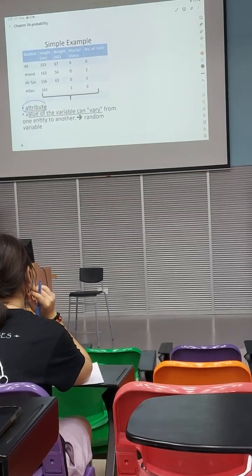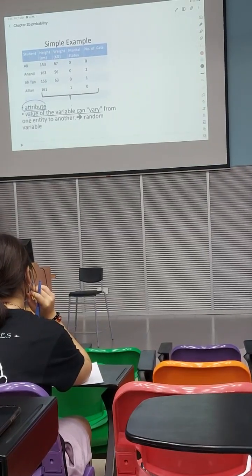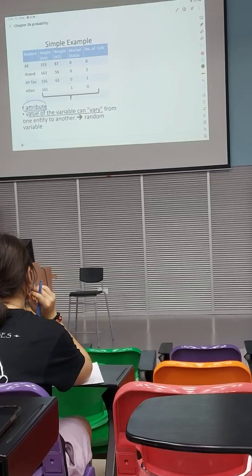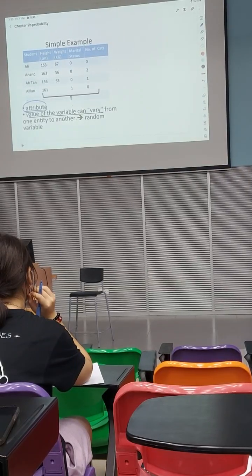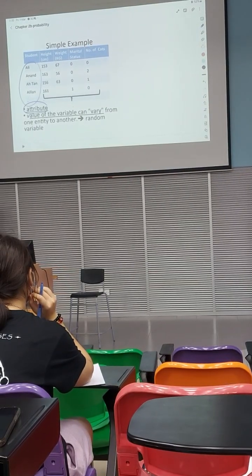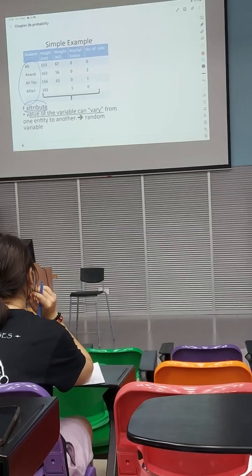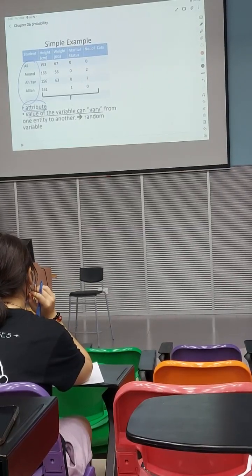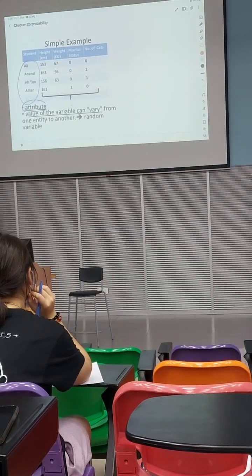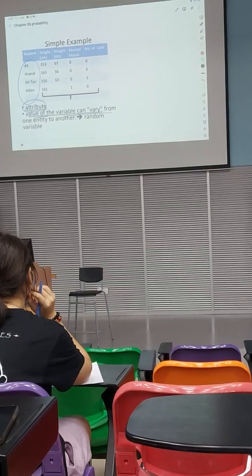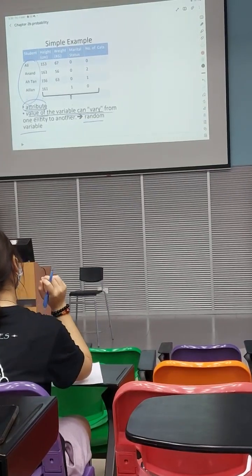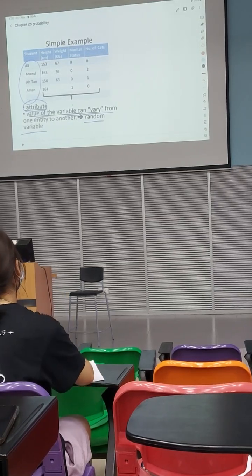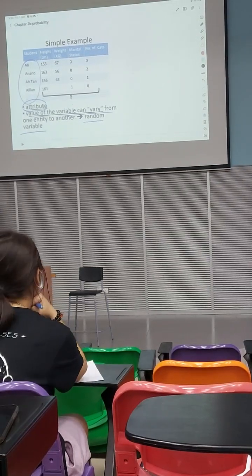It could be a person's name, height, weight, number of cats, etc. For all these categories, the value can change, correct? Hence, we call this a random variable.